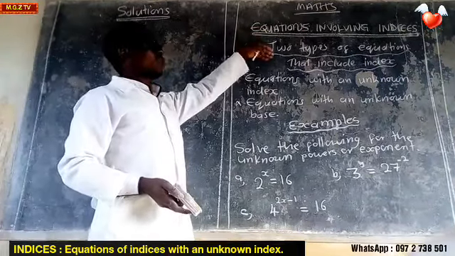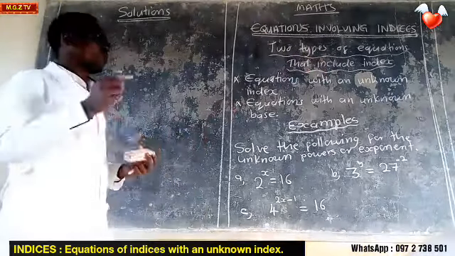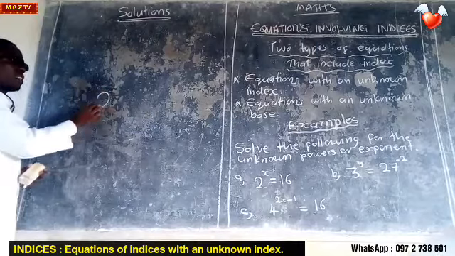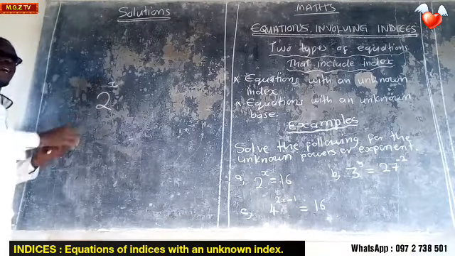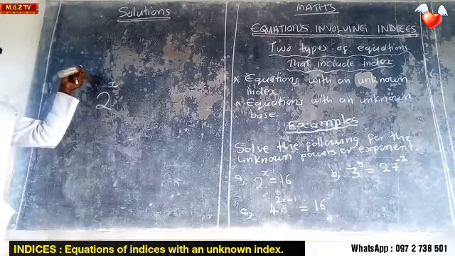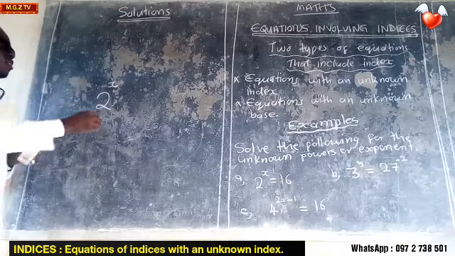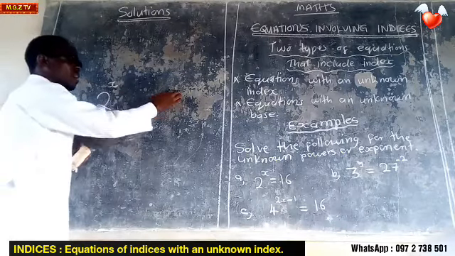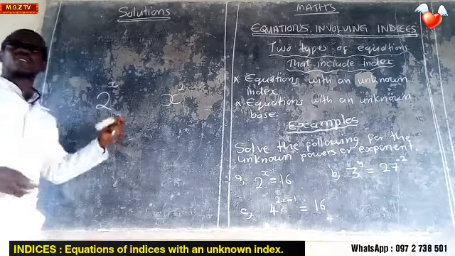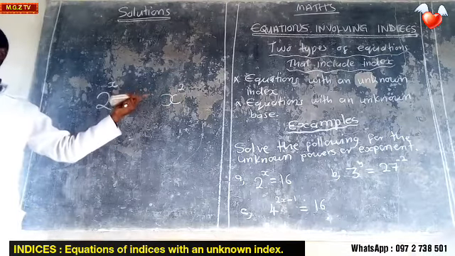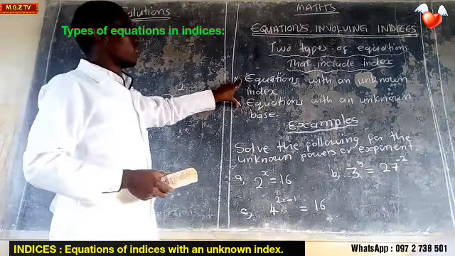The first is where you have a base, a number, and the power is unknown. Unknown simply means you don't know. Another type is where you have a base which is unknown, but the power is known. So you have these two equations.